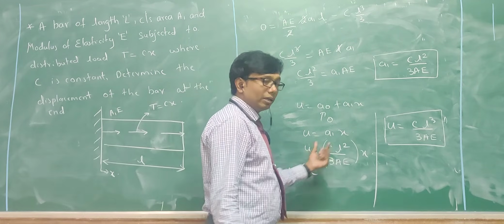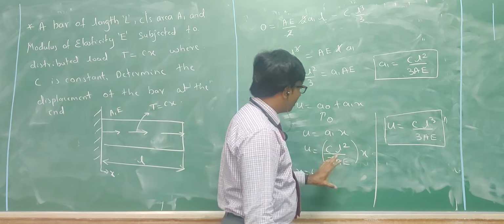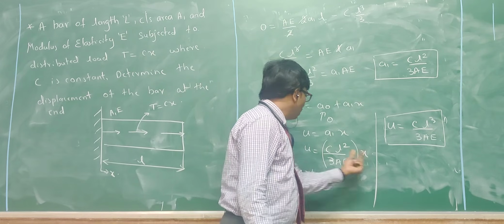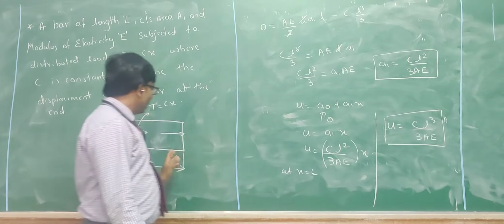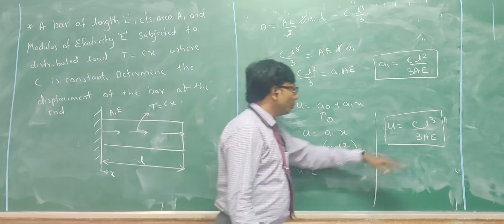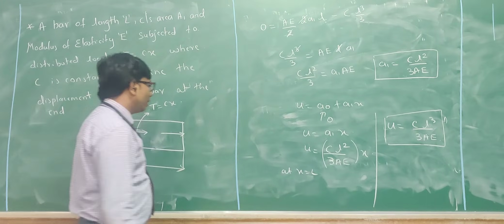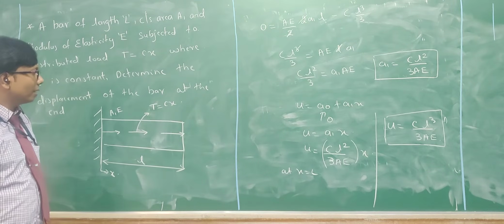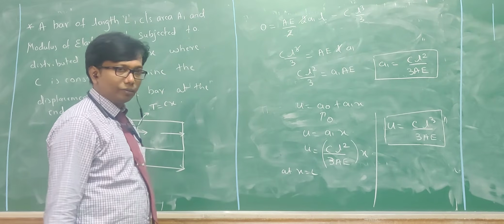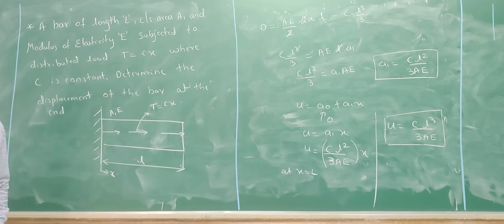You should get 0. c L square by 3AE is the constant term here. If I substitute x as 0, u becomes 0 here, and at x is equal to L, you will be getting this value. So this satisfies the boundary conditions, and it indicates that the displacement function you have assumed is correct.